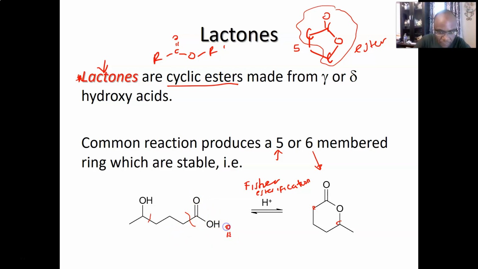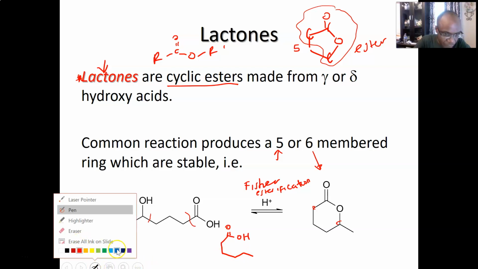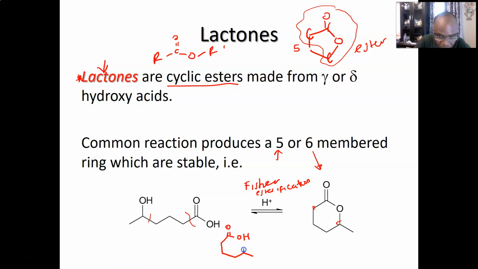So let's say this is your carboxylic acid, right? And you have 1, 2, 3, 4, 5. So I'm going to put the alcohol right here, and I'm intentionally using the blue color because we say the oxygen of the alcohol stays, the oxygen of the OH leaves.